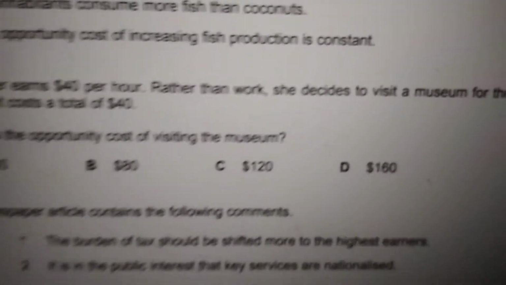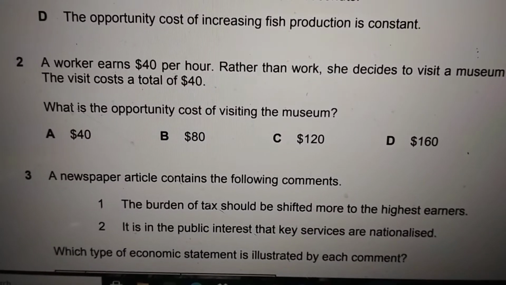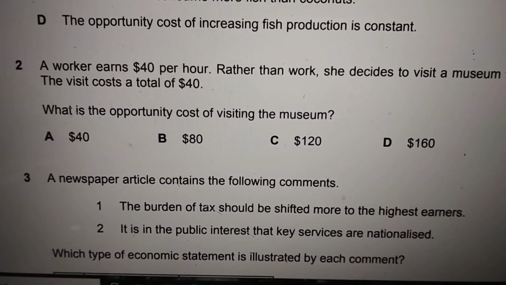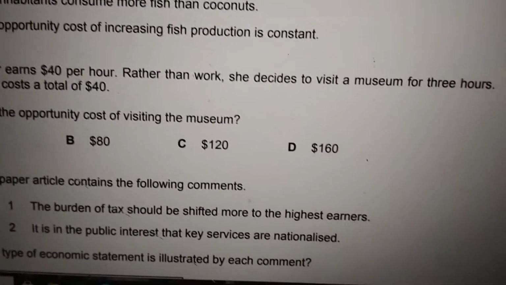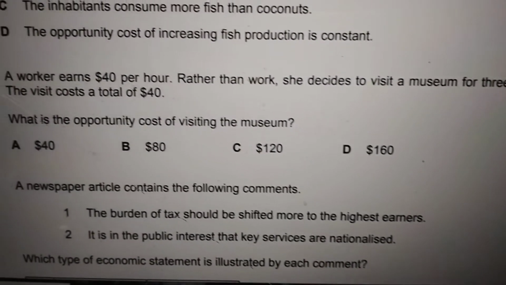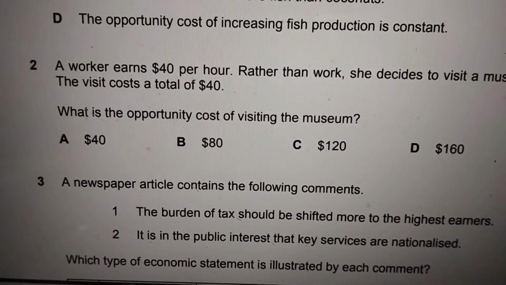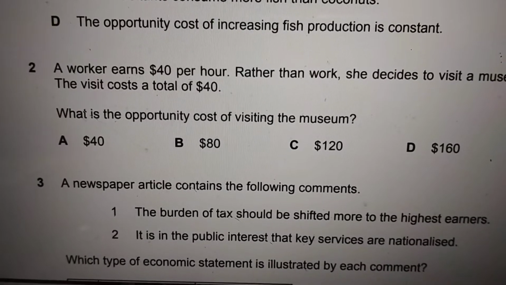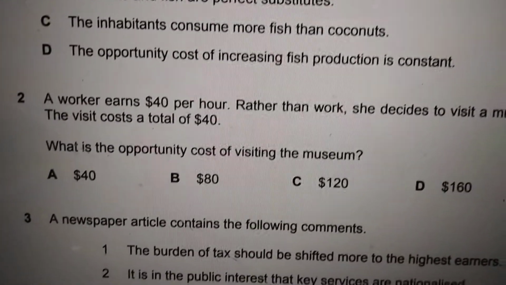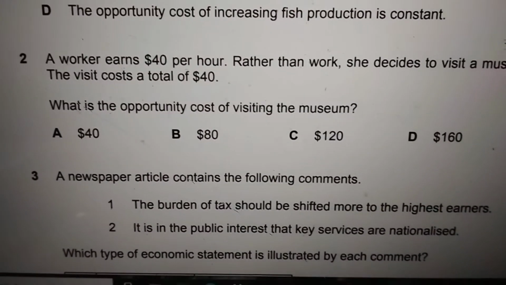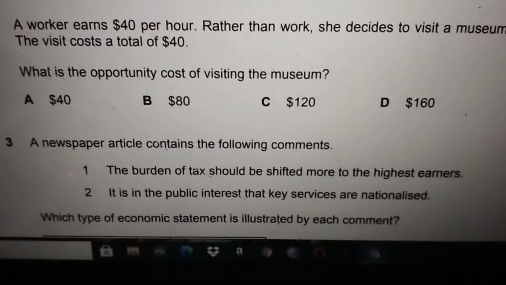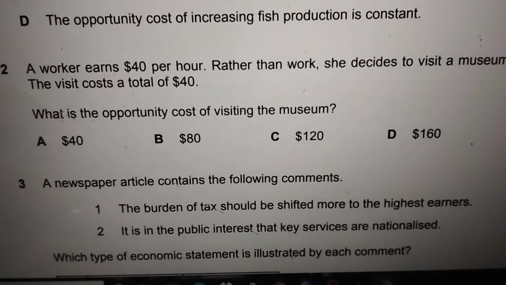Option C, that is the opportunity cost. So if she is visiting a museum out of love for history, then she has to sacrifice $120. Not much if you have a great love for the historic things. So your answer is C.